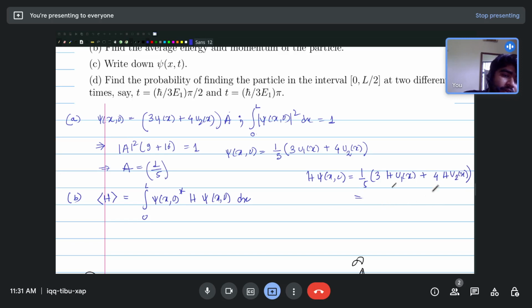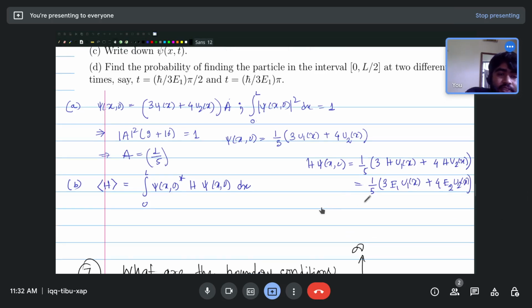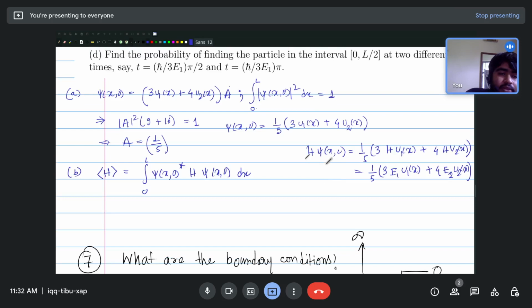Now we know this u1 and u2 are the eigenstates of this Hamiltonian, so it will just give you numbers: E1 u1 of x plus E2 u2 of x. This is how the Hamiltonian acts on this.